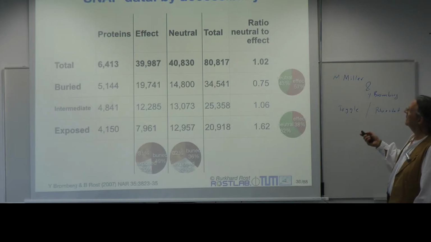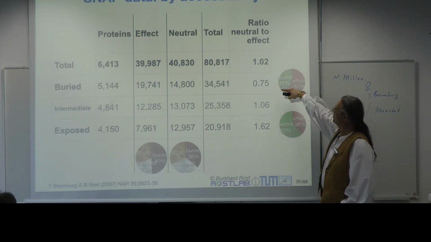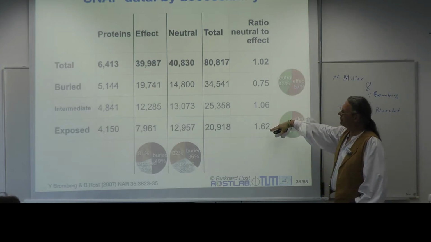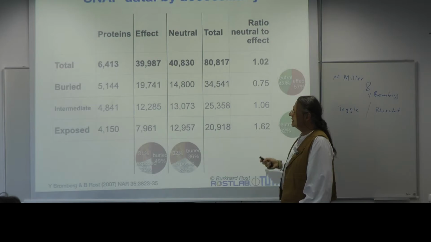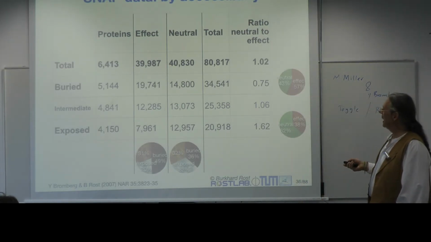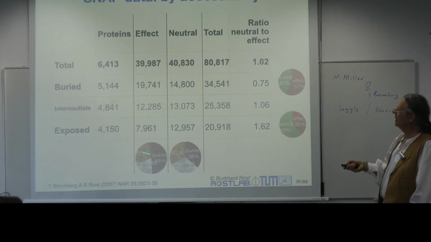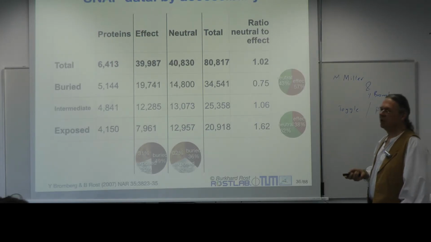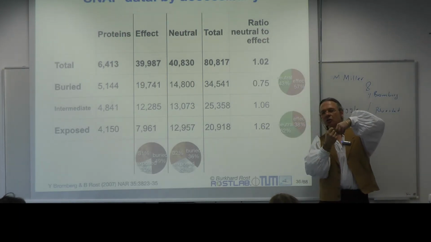There's effects, there's neutral, there's the ratio. We see that the ratio is different between buried and exposed residues. So buried is 0.75 and this is 1.6, very different in the same data set. And we are unclear whether we expect that, but we tend to argue that more changes on the surface are neutral, because on the surface you're simply less constrained.